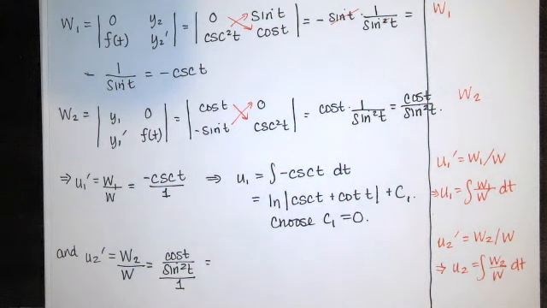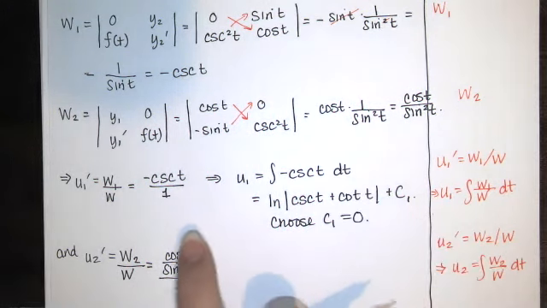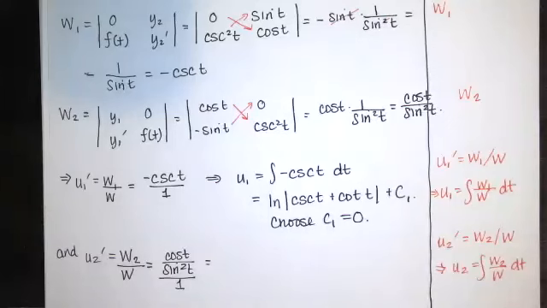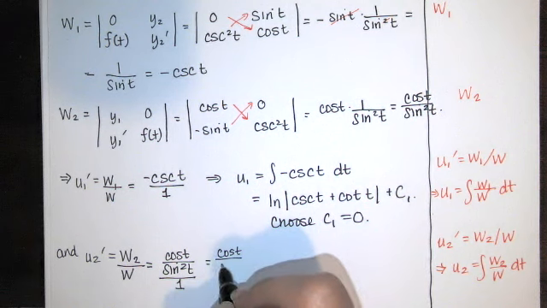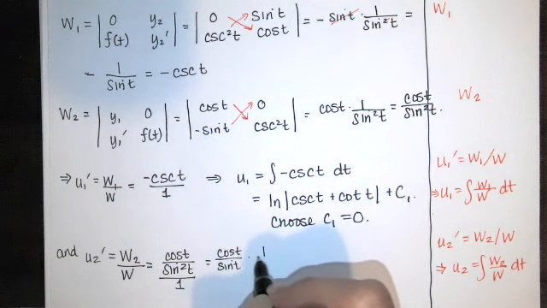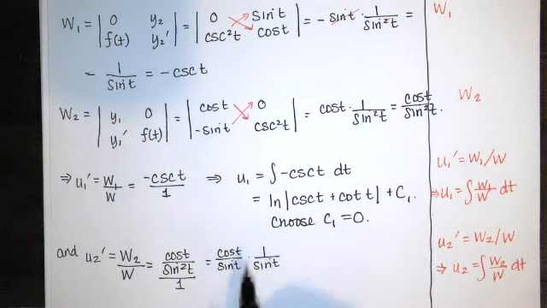Now, I don't have a rule for that. I could use a u substitution where u is sine of t if I'm wanting to anti-differentiate that. There's another way we could do this. We could split this up as cosine of t over sine of t times 1 over sine of t.